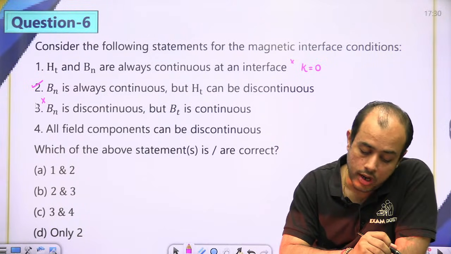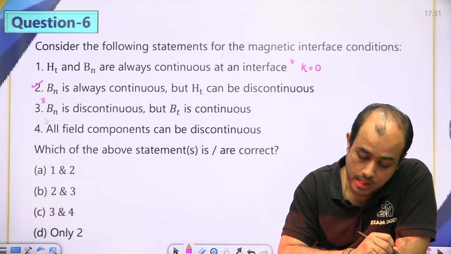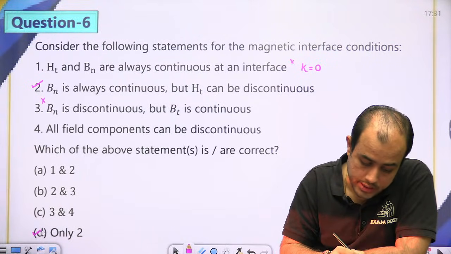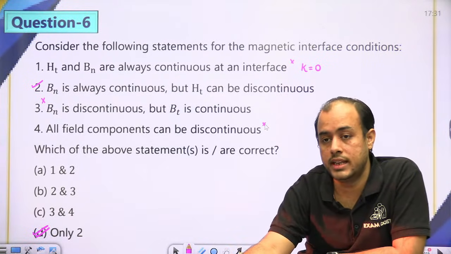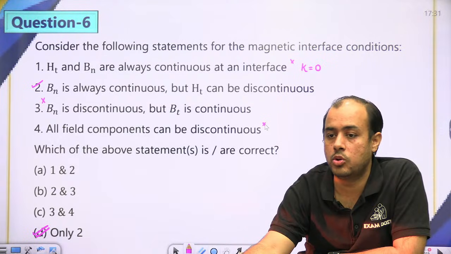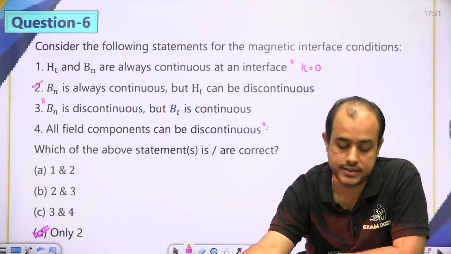No. All field components can be discontinuous. मेरे हिसाब से इसका only 2 आएगा. Okay. Answer should be only 2. Is that clear, beta? Answer will be only 2 because BN is continuous and HT may be discontinuous.